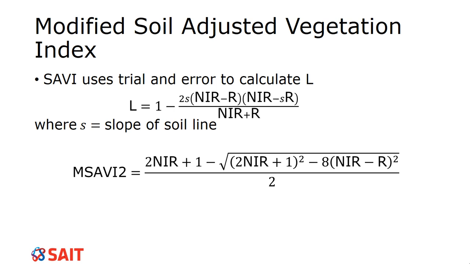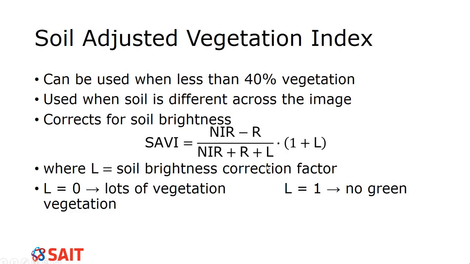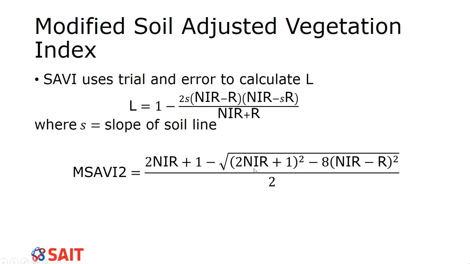So MSAVI calculated L using this formula here, where S is the slope of the soil line, the little s. And then once we've calculated L, we could go back to my regular SAVI and put it in there. But when we calculate the second version, they actually combined it all into one and then made it so that it matches the MODIS satellite.